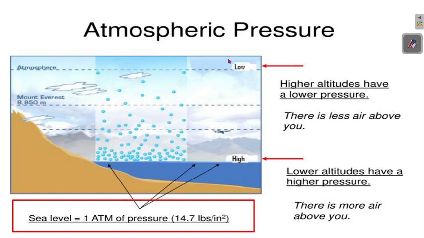So the atmospheric pressure right here is lower than the atmospheric pressure at sea level, because there's a lot more air pushing down when you are at sea level. So on top of a mountain, if you are measuring the atmospheric pressure at the top of the mountain, you only have all this air pushing down on the people on top of the mountain. The atmospheric pressure on them is lower than it would be if they were standing right here at the beach, because they would have a lot more air pushing down on them.